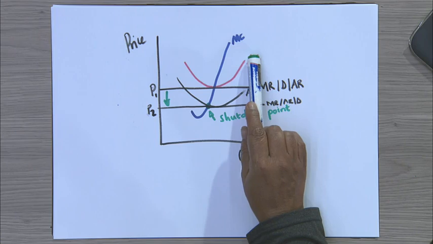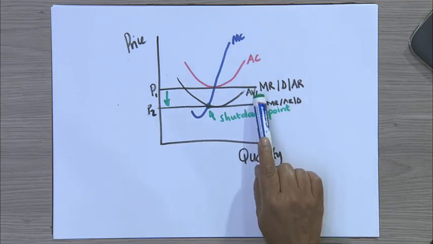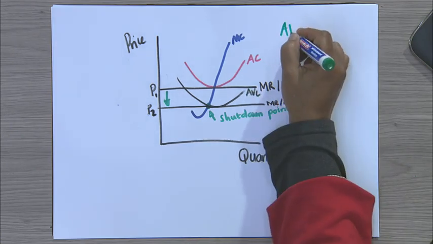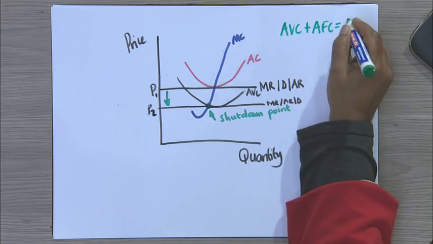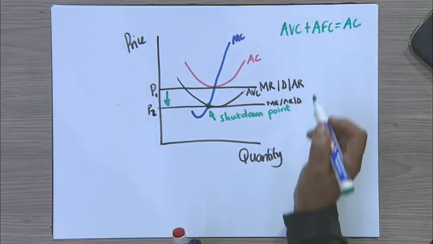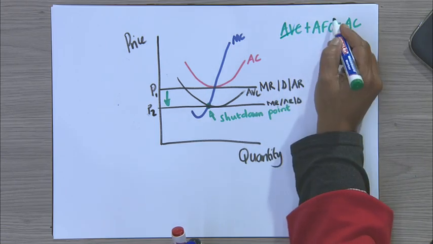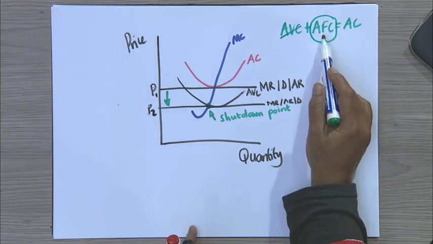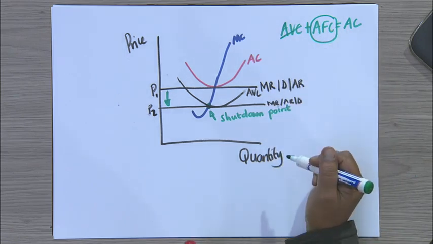AC is AVC plus AFC: average variable cost plus average fixed cost is equal to your total average cost. So what we're saying is they can pay their average variable costs, but they are unable to pay their average fixed costs. And remember, what did we say? Fixed cost has to be paid irrespective of the number of units produced.